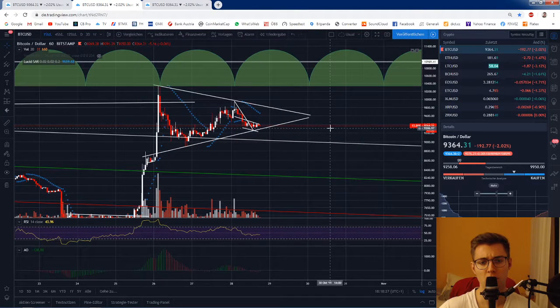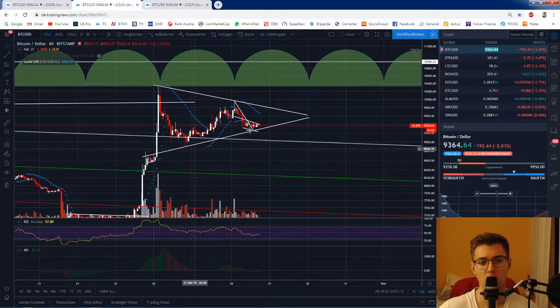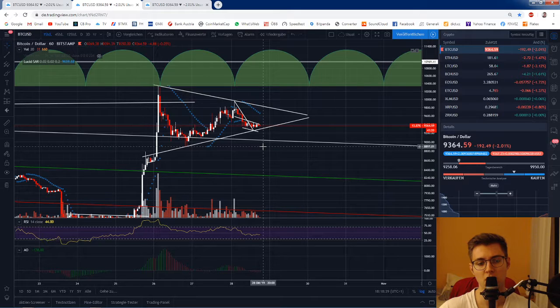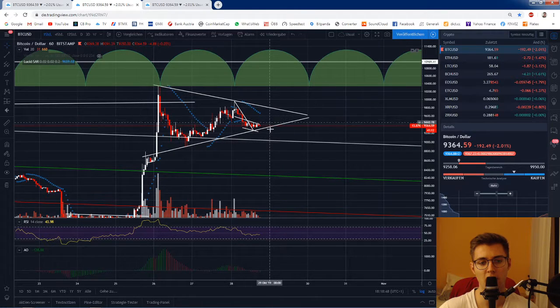Yeah, so as I mentioned, we are now in this equilibrium, and this will most likely play out. If this doesn't play out, then we will drop most likely from here and see this low be taken out and form a higher low, or form a lower high, and after that most likely a lower high.